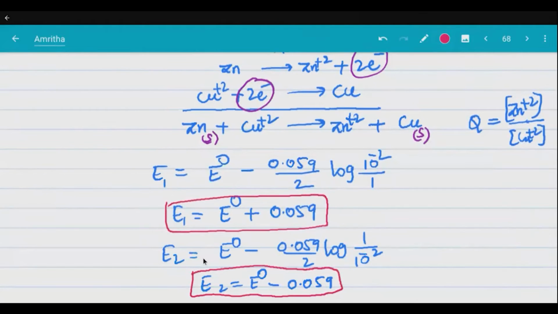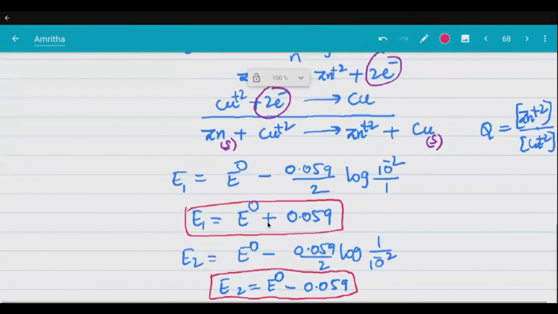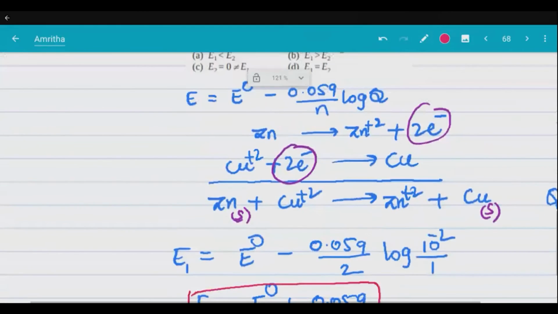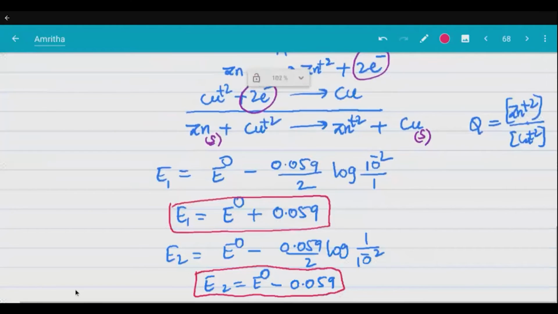Which one is greater? E naught plus something, obviously E1 is greater, and E2 is less. E1 is greater than E2. So option B. Any doubts here?